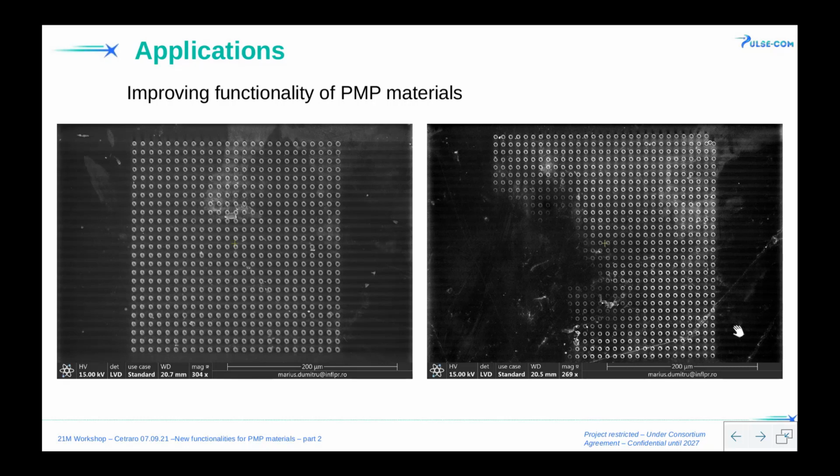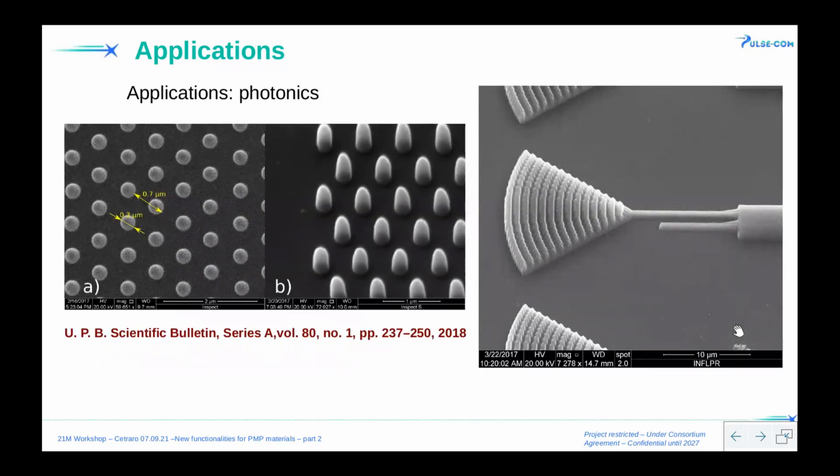But the ultimate objective, if we can get there, is building this kind of photonic structures, with diffraction gratings and waveguides to control the amount of light that goes into and out of the PMP materials. We can actually build micro-optics and photonics using this technology.